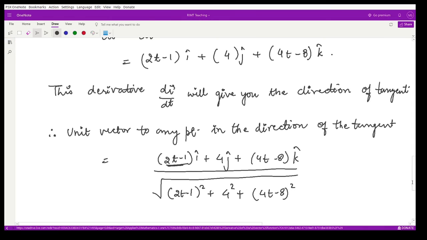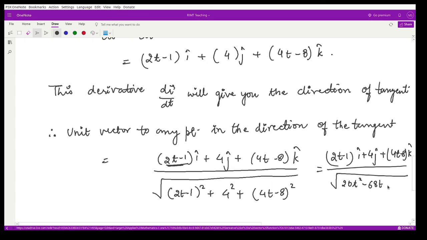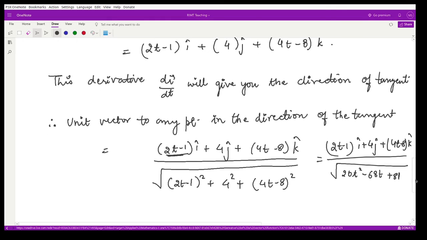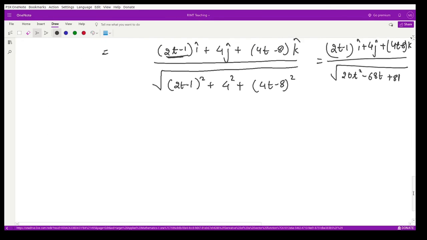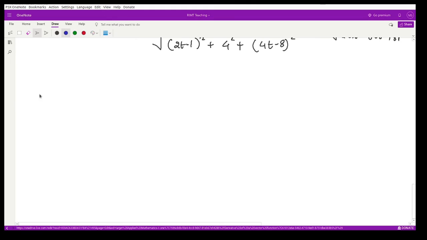So when you solve this, your answer would be 2t minus 1 i cap plus 4 j cap plus 4t minus 8 k cap divided by square root of 20t square minus 68t plus 81. So this is how you define the unit vector in the direction of tangent. Okay, so let me discuss one more question.